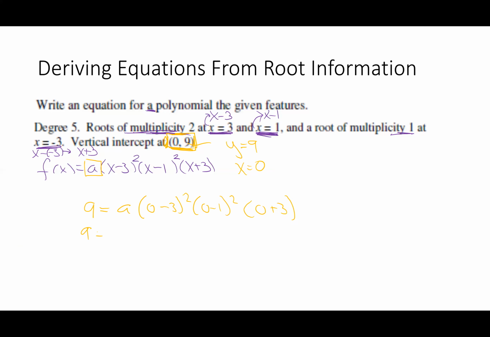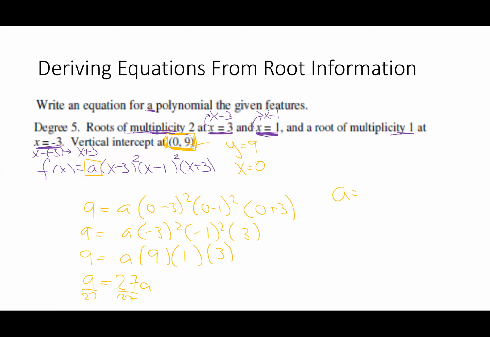So I get 9 is equal to a times (negative 3) squared, (negative 1) squared times 3. So 9 is a times 9 times 1 times 3. So I get 9 is equal to 27a. Divide both sides by 27.